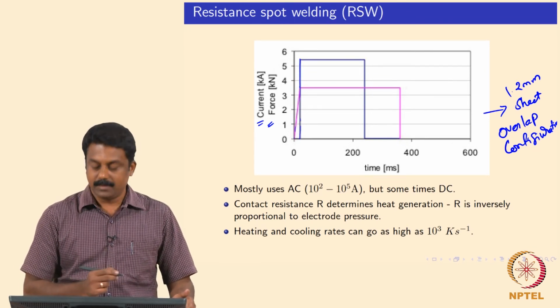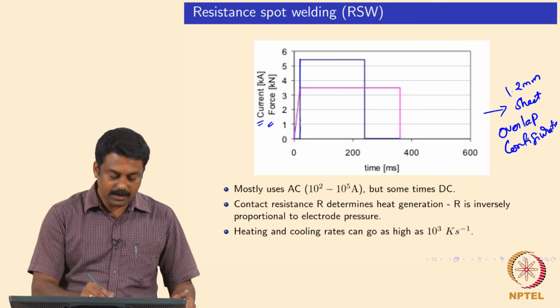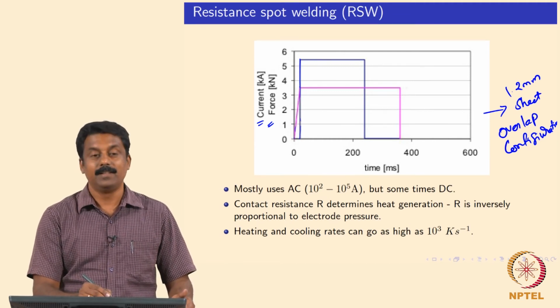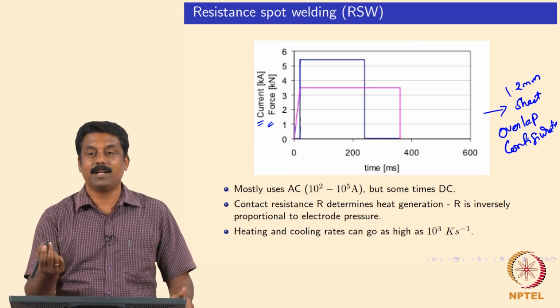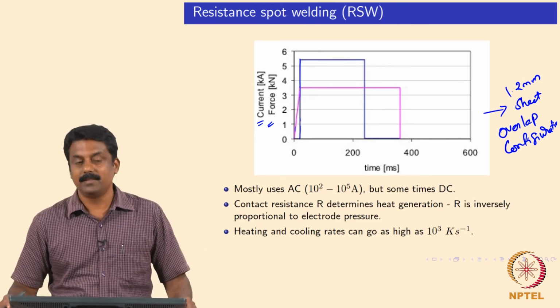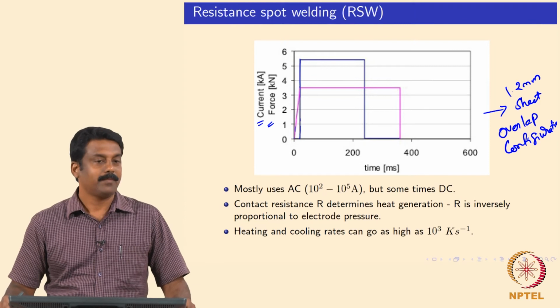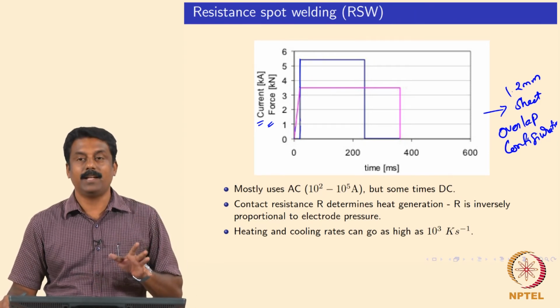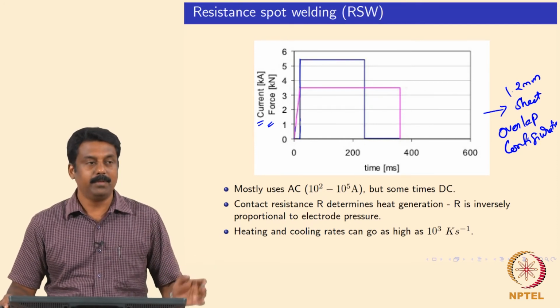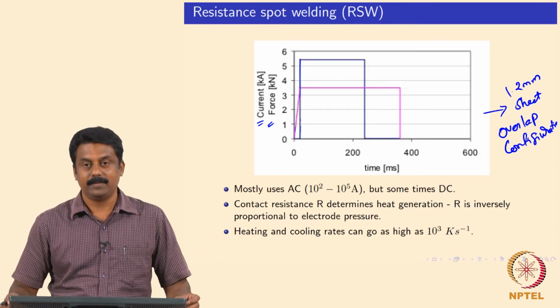For the 1.2 mm sheet, in this case I used 5.5 kiloamperes. In conventional GMAW, what is the current we use generally? Not more than 300, 400 amperes, whereas here we can go as high as 10 kiloamperes. The equipment in our lab can go up to 10 kiloamperes.